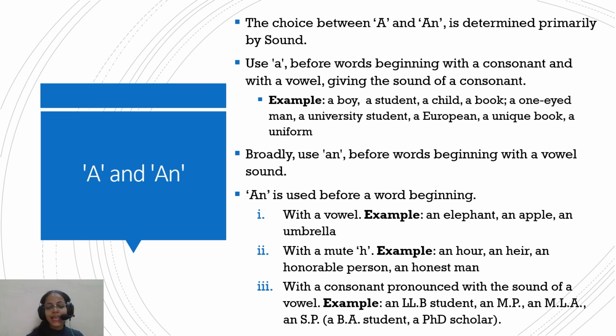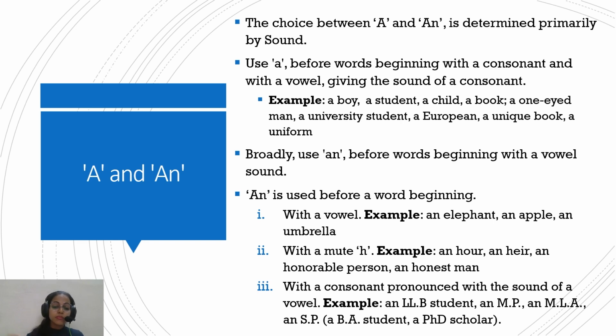So, "an LLB student". Here LL sounds like, if you didn't understand English, you would write it as "el el B". It sounds like it's starting with a vowel. While L is a consonant, it sounds like it starts with a vowel, so it will be "an LLB". An MP, an MLA, an SP.